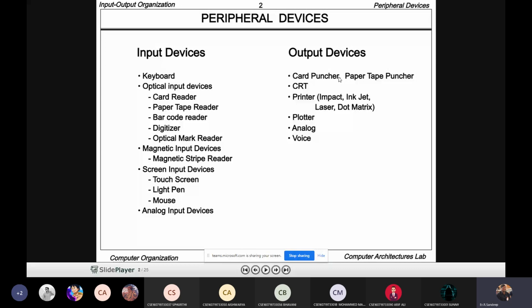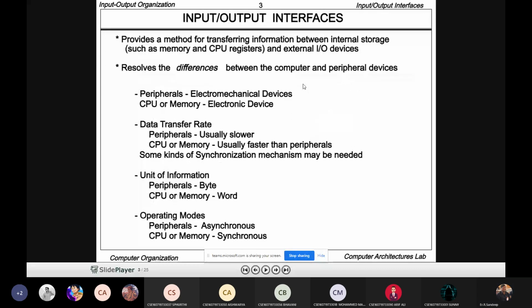Then what we need to understand from here is input output interfaces. It provides a method for transferring information between internal storage and the external IO devices. The interface is responsible for data transmission between the internal storage and the external IO devices, such as the memory or the CPU registers.